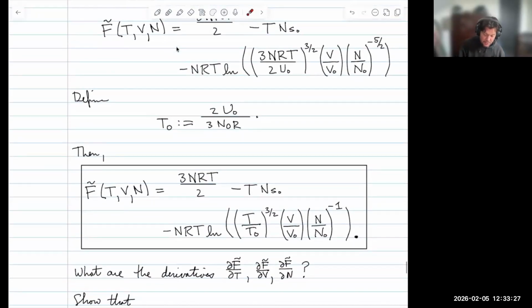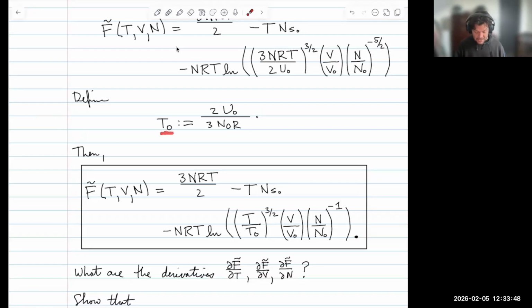I'm going to define a new characteristic temperature. This makes life a little bit easier for me. That characteristic temperature is basically everything that appears here which is not equal to T. You can check that that stuff actually has units of temperature. It has to have units of temperature.